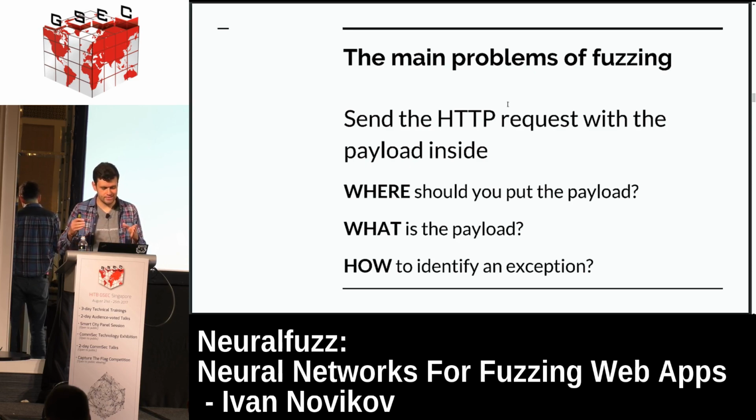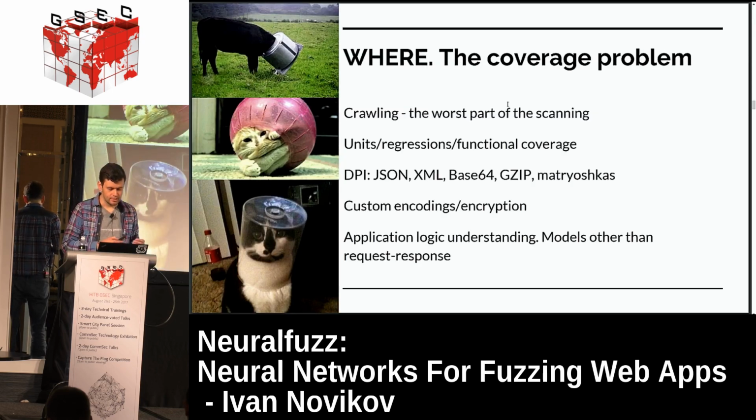And we should understand how to identify an exception, how to identify that our payload caused some exceptions there. I tried to explain this as a baseline of any fuzzing techniques and then go to neural networks and how to apply them and show you some results.